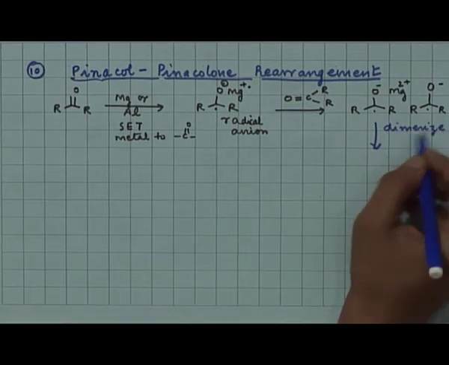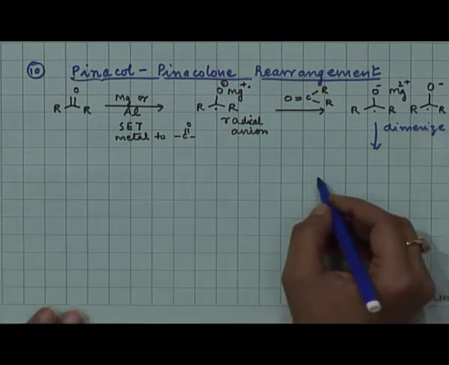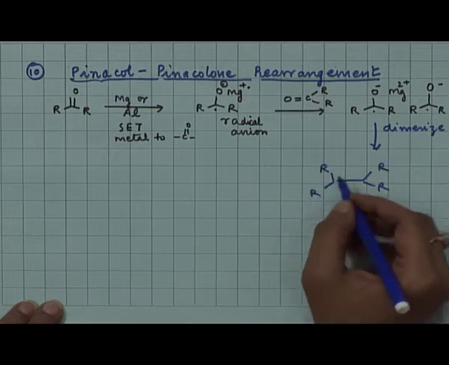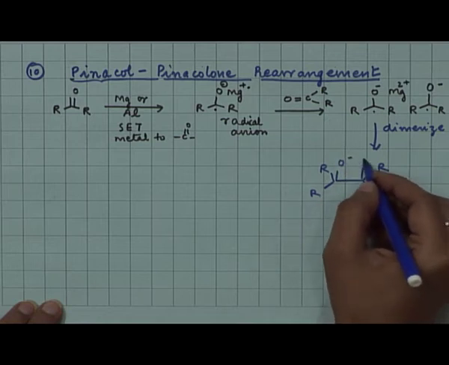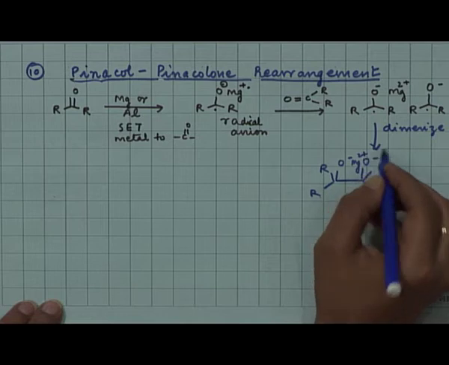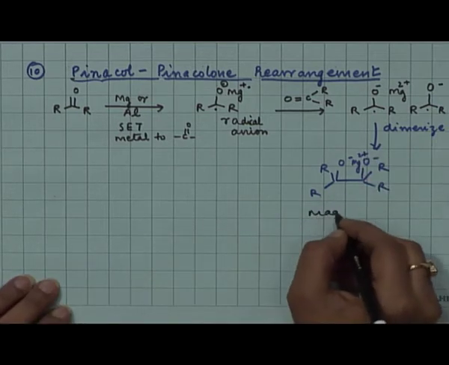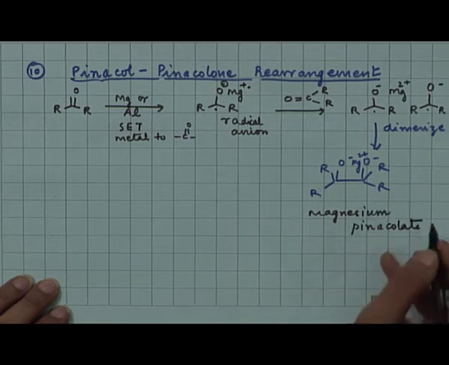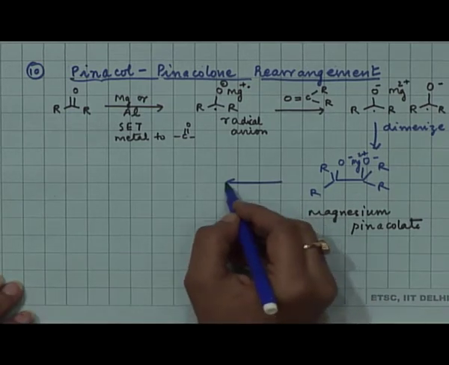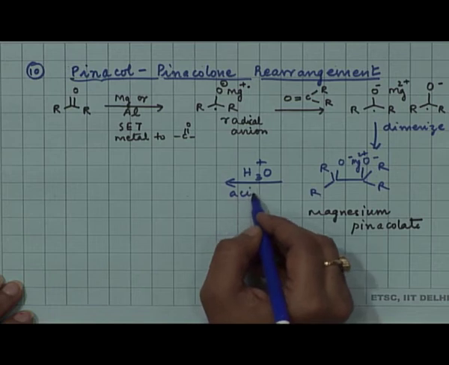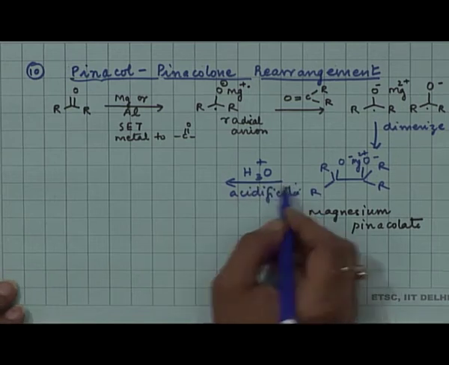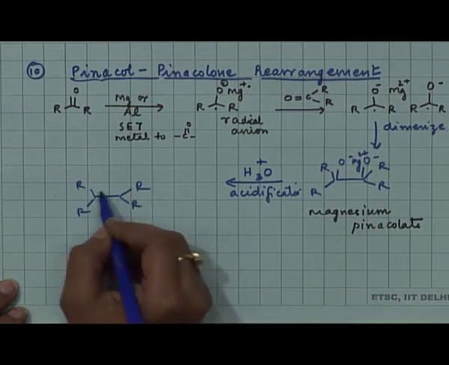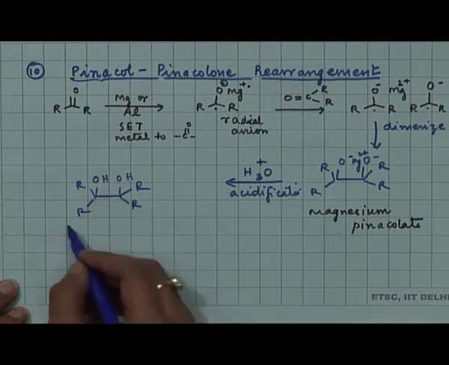They dimerize in the absence of any proton donor, and when they dimerize they give you this molecule, which is magnesium pinacolate, which then undergoes acidification to yield the desired Pinacol.